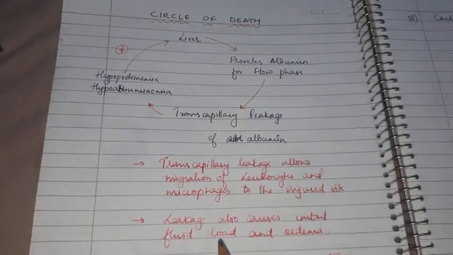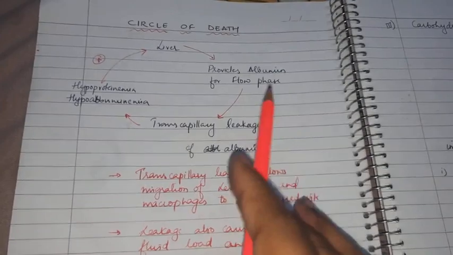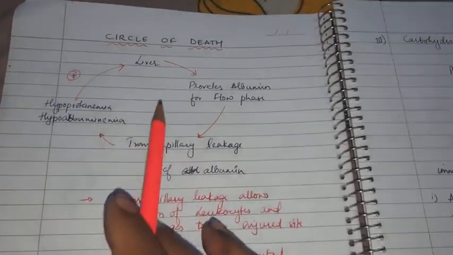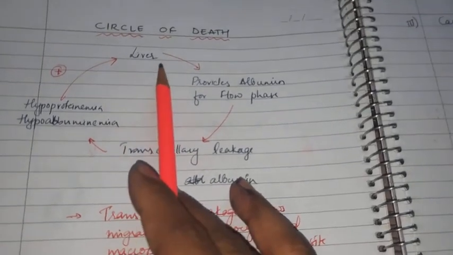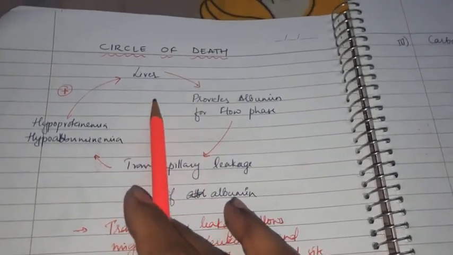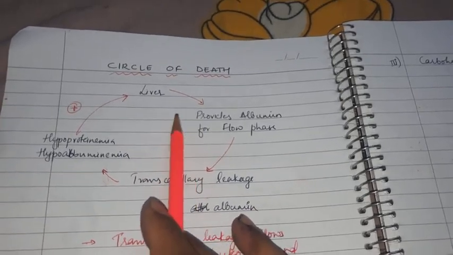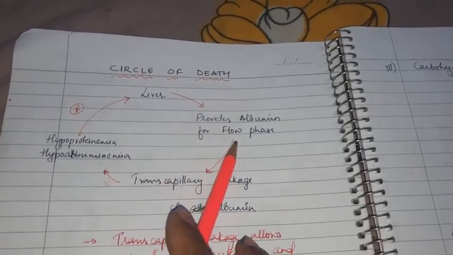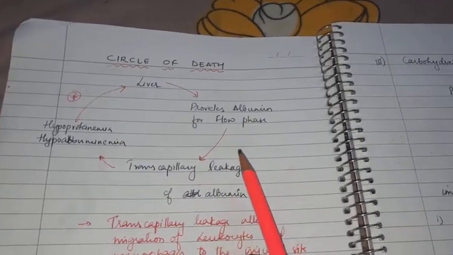Now this is just for your knowledge. I call it the circle of death. It's not given in the book like that. But what happens is the liver is the main source of albumin. The albumin is the export protein of the liver. So the liver provides albumin for the flow phase, that is for catabolism, and albumin is utilized in different stages of inflammation.